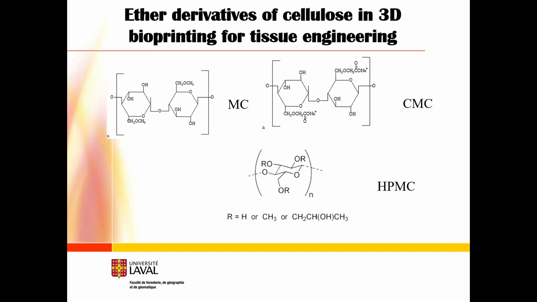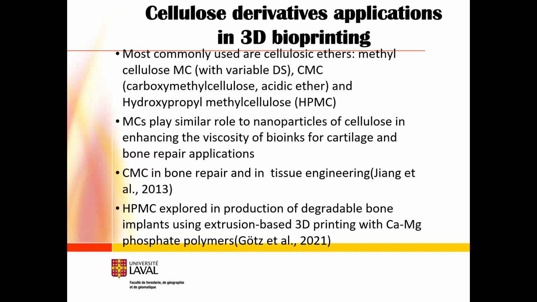And here I presented methyl cellulose and carboxymethyl cellulose, which is also introducing the negatively charged group. And finally, the hydroxypropyl methyl cellulose, which is also used as a hydrocolloid. And these cellulose derivatives have found application in 3D bioprinting, and I found some references to that end, which I cite here.